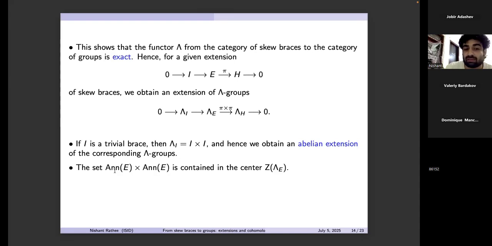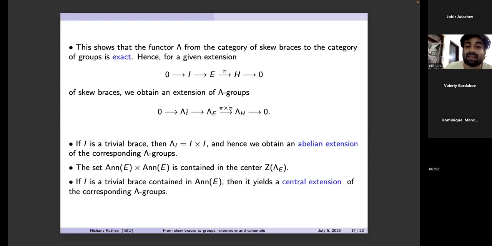Furthermore, one can see that the annihilator of E cross annihilator of E sits inside the center of this lambda group, Z of lambda E. So if you have an annihilator extension, that is, when this I sits inside the annihilator of E, then you will end up with a central extension of lambda groups.